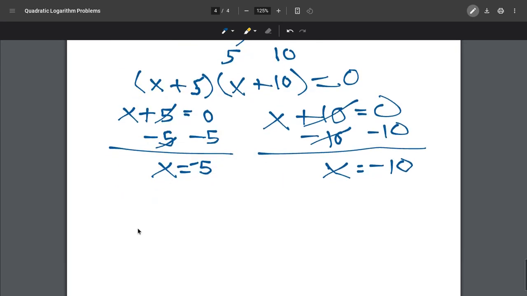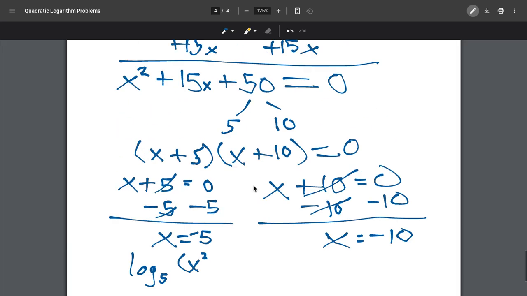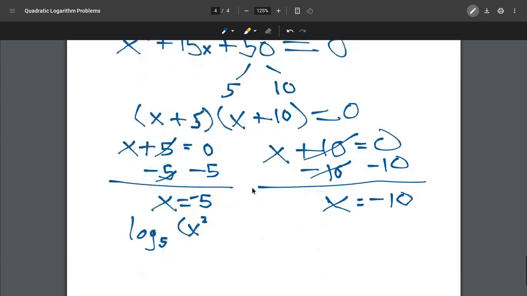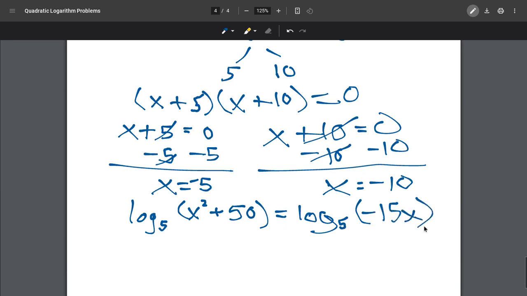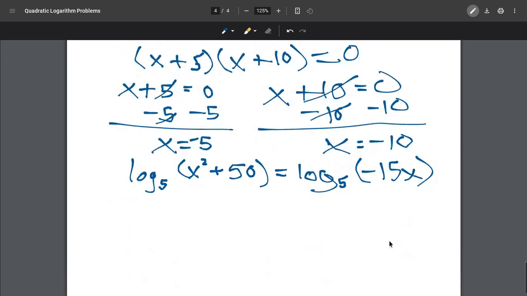Okay, so we want to plug back in. So we have log base 5 of x squared plus 50. Does that equal log base 5 of negative 15x? Yep.